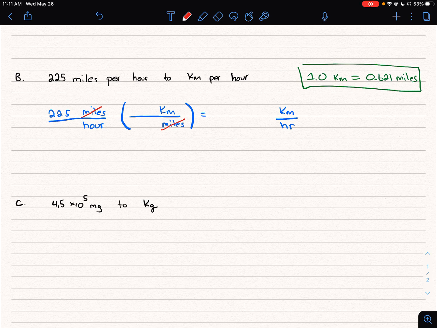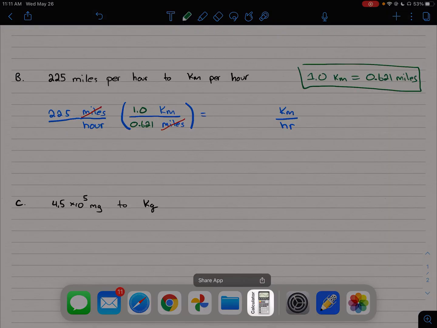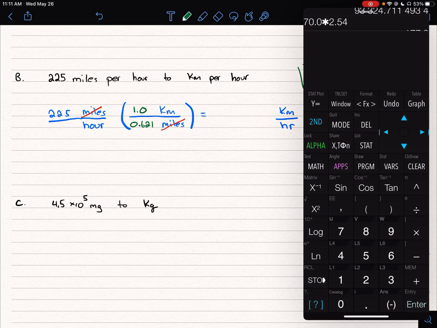And now we just fill in our numbers. So we have 1.0 kilometers divided by 0.621 miles. And now we can plug this into our calculator. We're going to have 225 divided by 0.621, and we get 362.318.